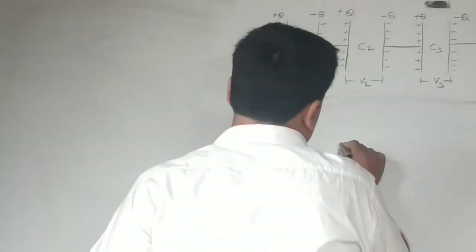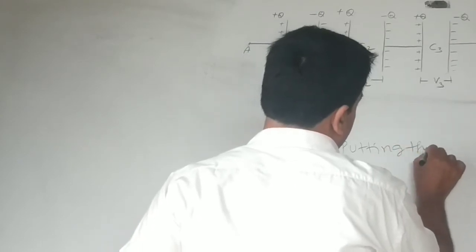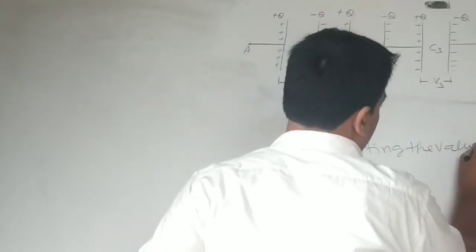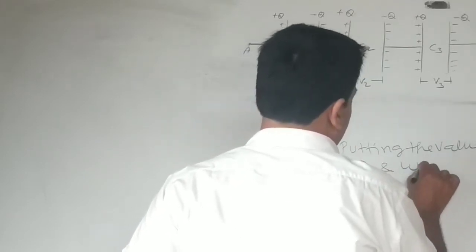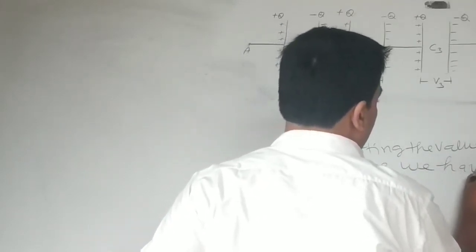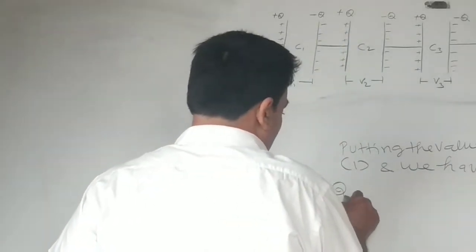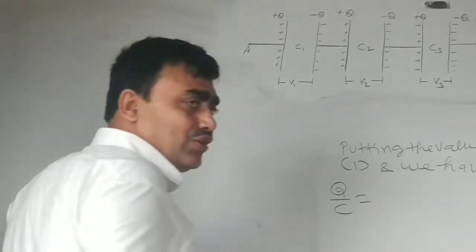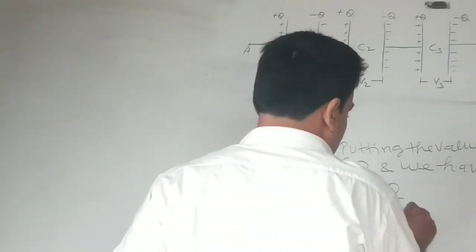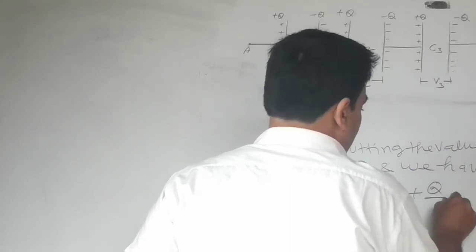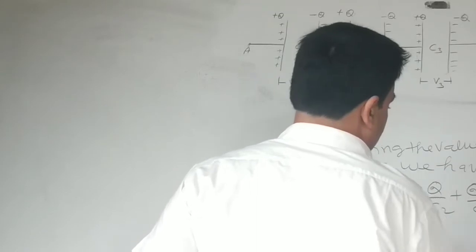According to equation 1, Q by C is equal to Q by C1 plus Q by C2 plus Q by C3.